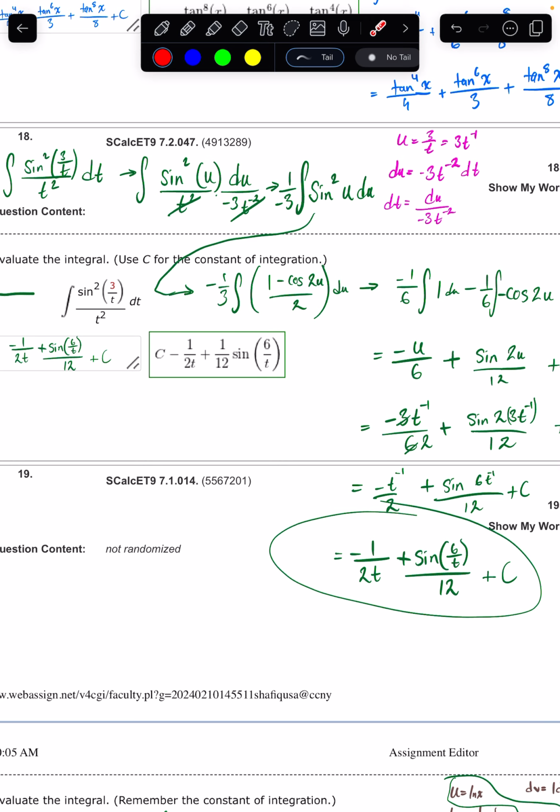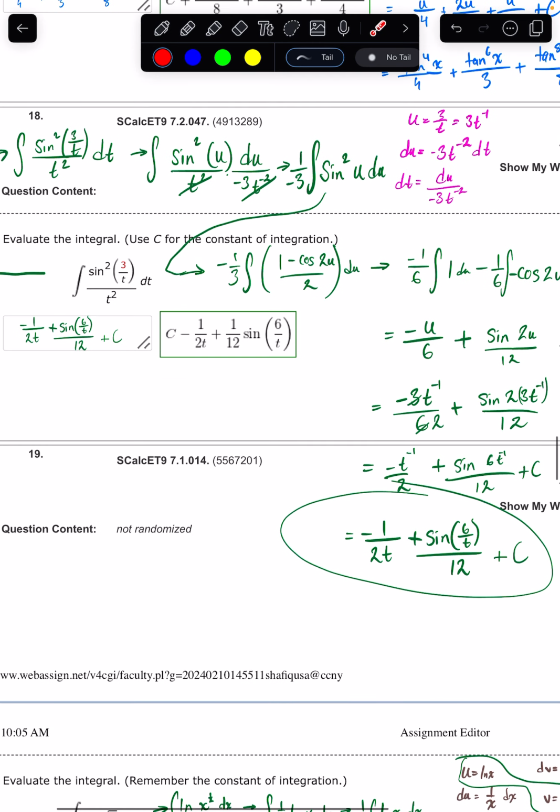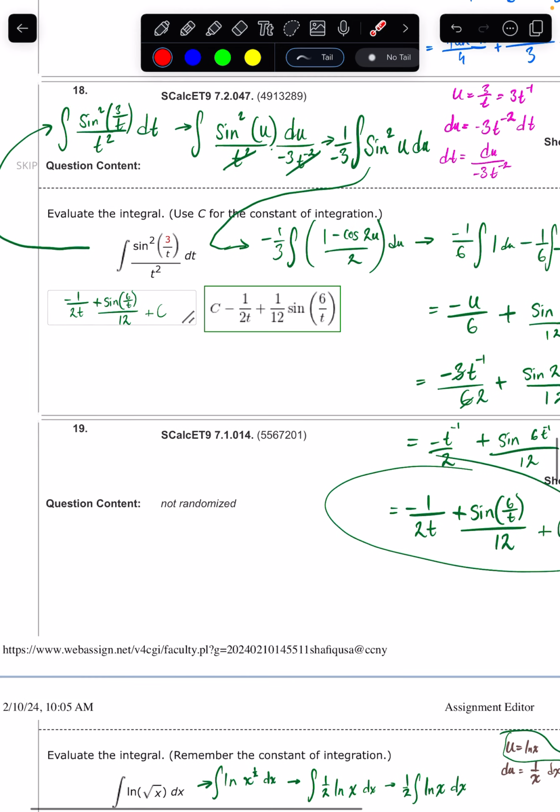You substitute for dt, you get du over negative 3t to the negative 2 power, right? And this t to the 2, t to the negative 2, if you add them up, becomes t to the 0, t to the 0 is just 1, and you're left with just negative 1/3, because negative 3 is on the bottom, of just sine squared of u.